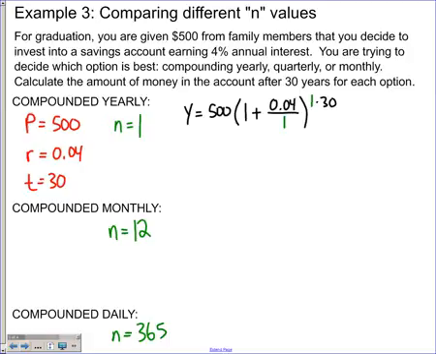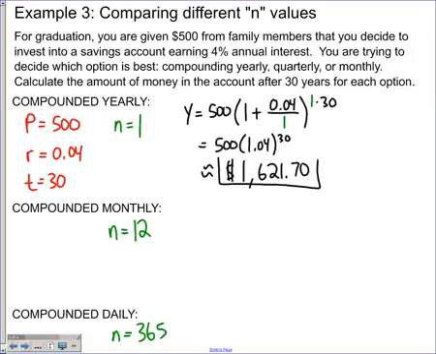So when I start to type this in, I'm going to do the 0.04 divided by 1 first. So that's just 0.04. So this turns into 500 times 1.04 raised to the 30th power. And if you type that in, you should end up with $1,621.70. So there's our first value, compounded yearly.